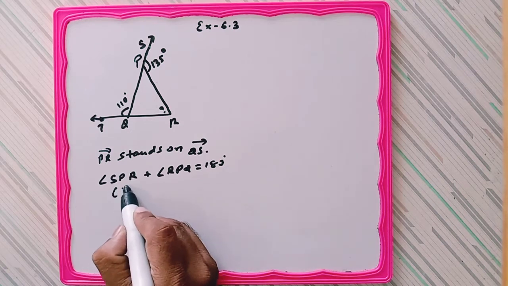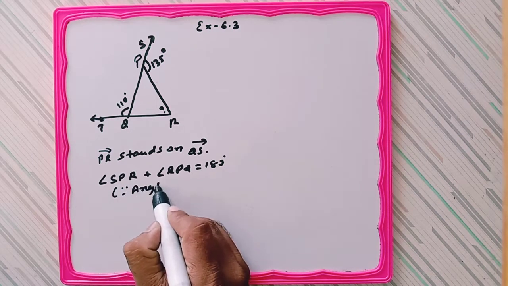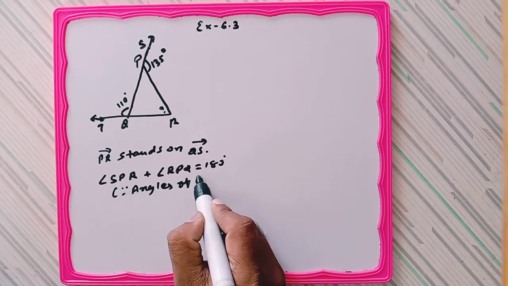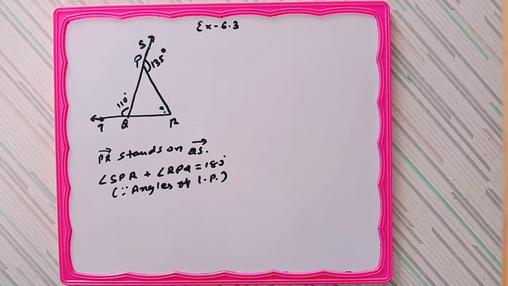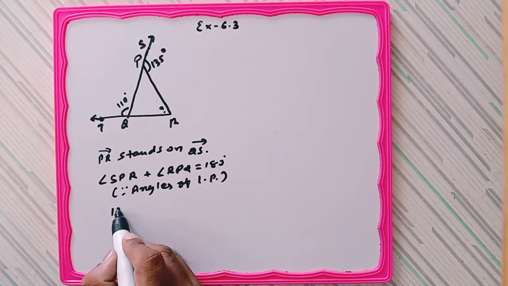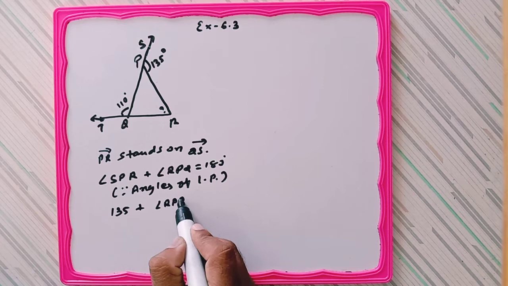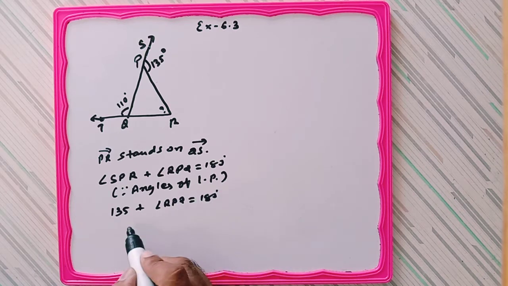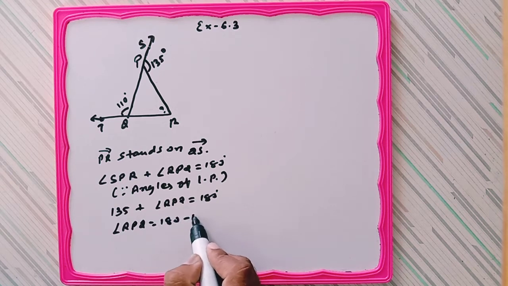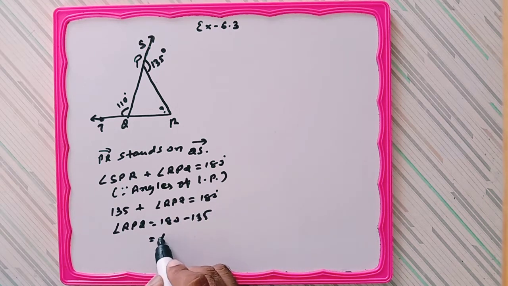Reason, angles of linear pair. So SPR is given 135 plus angle RPQ equals 180, and so angle RPQ equals 180 minus 135, so it is 45 degrees.